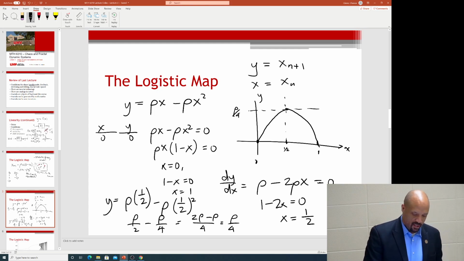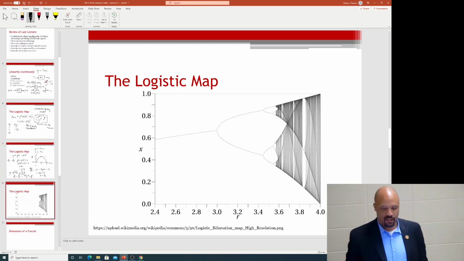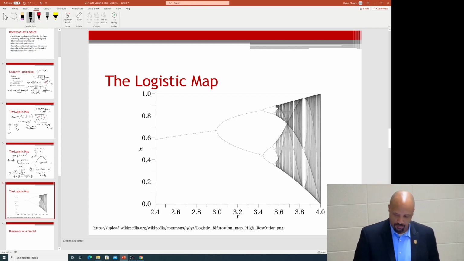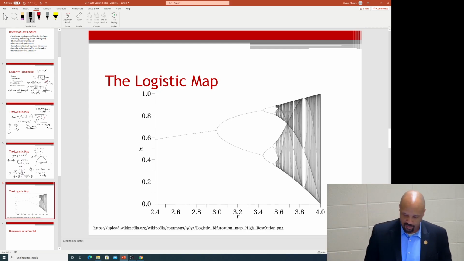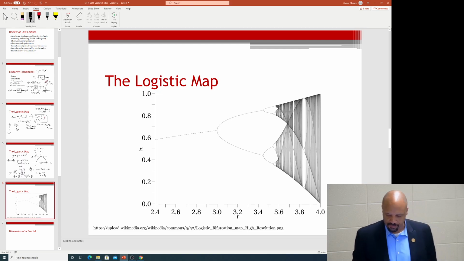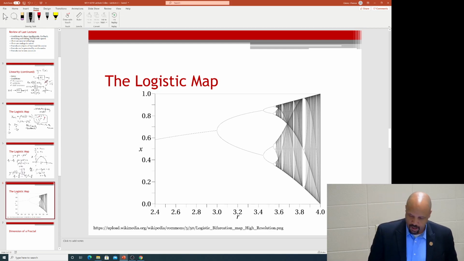Well, here's an interesting way. You've probably seen it if you've done any reading or investigation on this. I just pulled this from offline, as you can see the link there. But what's going on here? Well, here's a value. It's called R on this, but rho is the value.